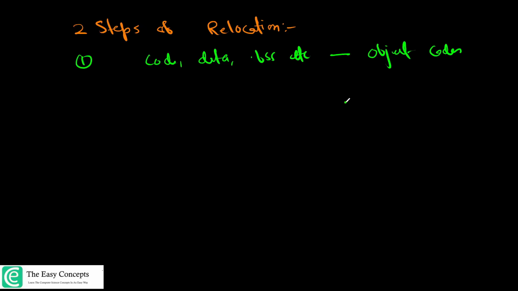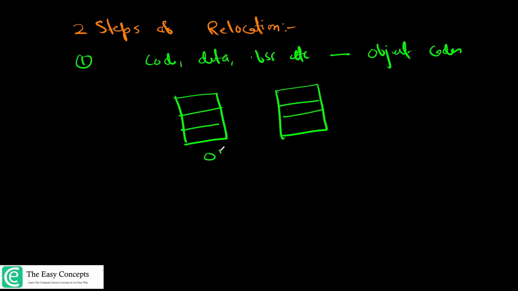To combine all the object files into a single executable file, what is the linker going to do? Let me draw it here. Suppose these are two object codes: object 1 and object 2, each with a code section, a data section, and a BSS section. What is the linker going to do? It is going to merge these code sections, data sections, and BSS sections, and if there are other sections, it will combine them also.